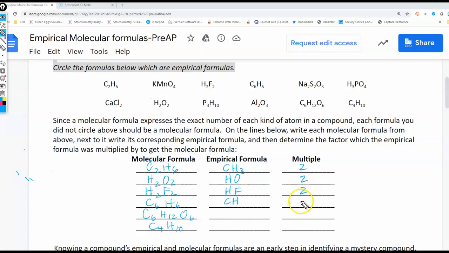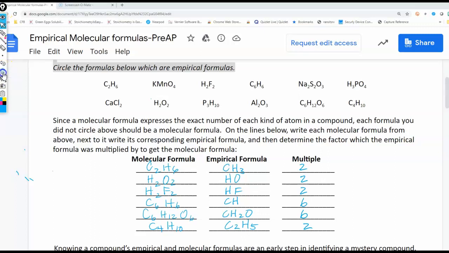So we end up with CH, and the multiple was 6. C6H12O6 is reduced to CH2O, dividing by a factor of 6. And then C4H10 could be reduced by dividing by 2, so we end up with C2H5, and the factor we reduced by was a multiple of 2.